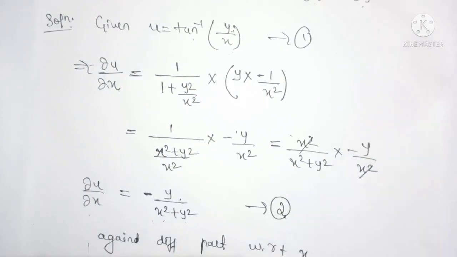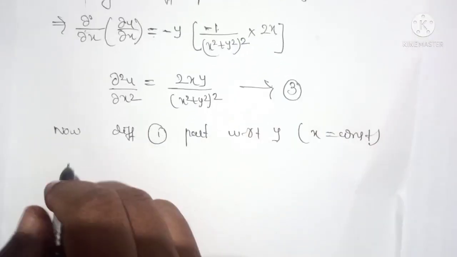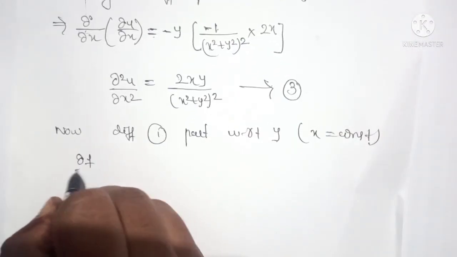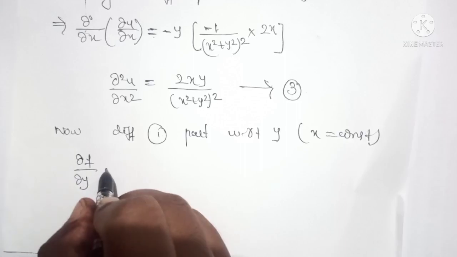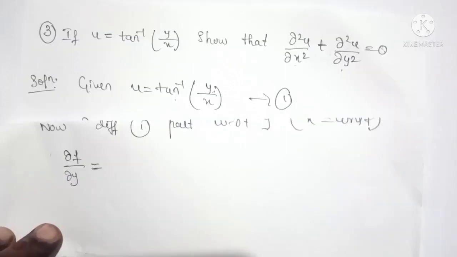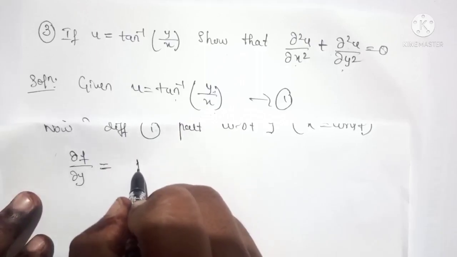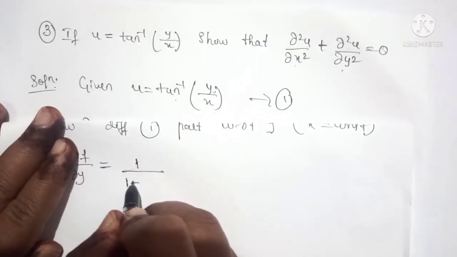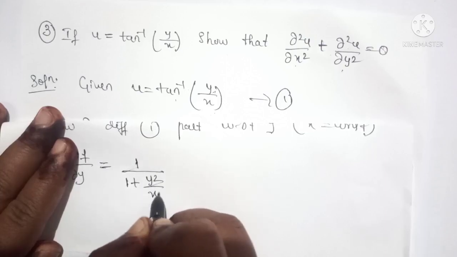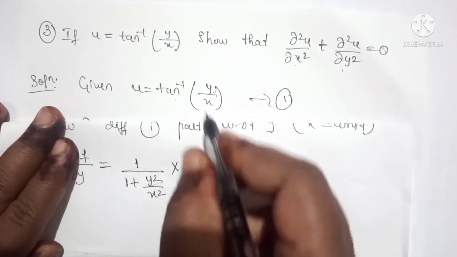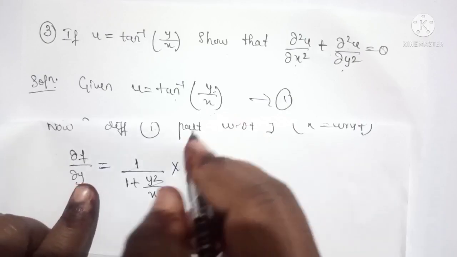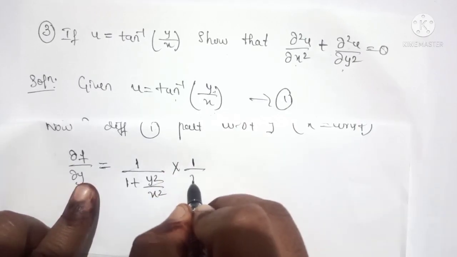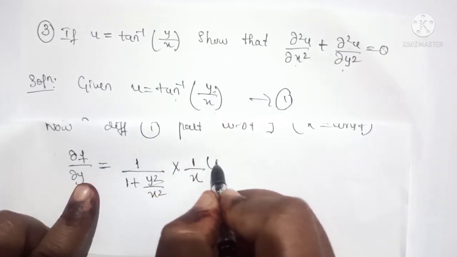Its differentiation, dou f by dou y, equals 1 divided by 1 plus y square by x square, tan inverse differentiation, into y by x differentiation with respect to y. So here 1 by x being constant, y differentiation is 1.